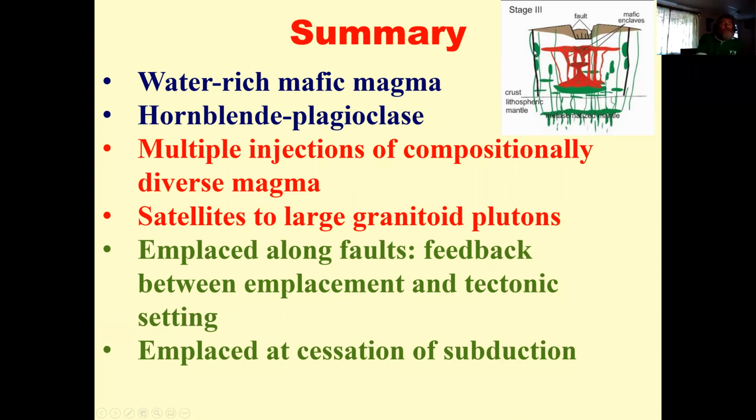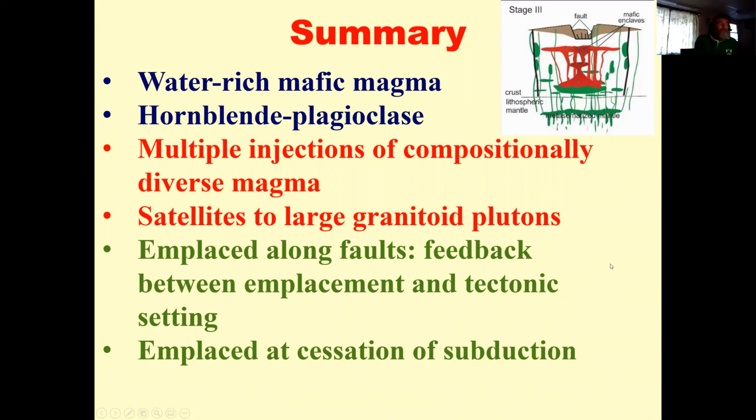I think that we can explain why they are satellites to large granitoid bodies. And those satellite bodies are preferentially in place along faults, which is a connection to the mantle processes going on underneath, the processes that ultimately generate those large granite batholiths.